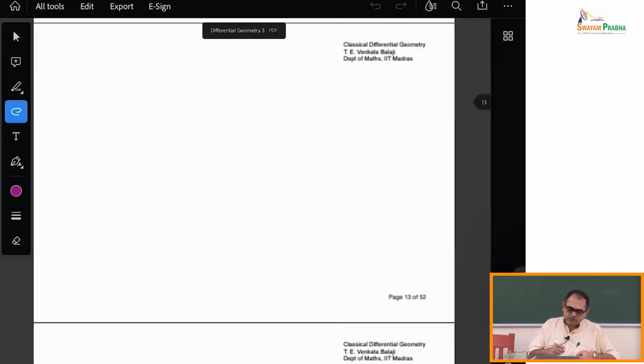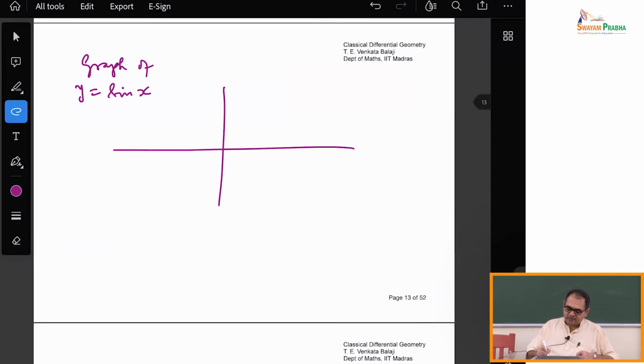So if you take y equal to sine x, this is the graph of y equal to sine x, and of course this is a sine graph.